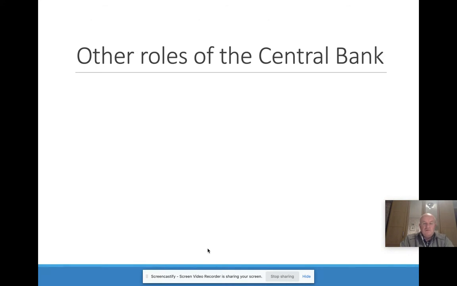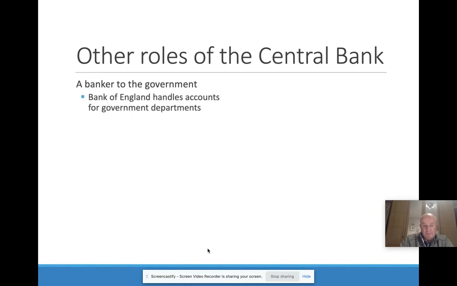So other roles of the central bank, in addition to the ones that we talked about, it's a banker to the government. So the Bank of England actually handles accounts for all government departments. In some cases, it will also make short-term advances to the government should the government need to finance any particular thing. It's also a bank to other banks.